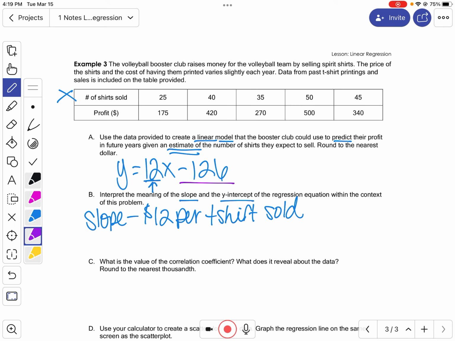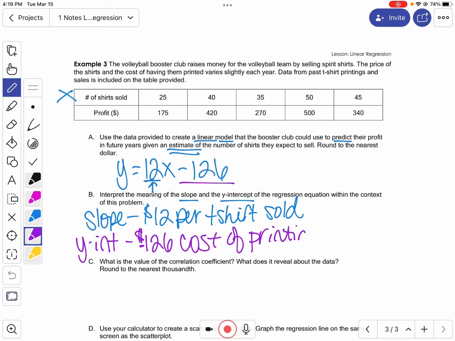Okay, and then the y-intercept was a negative 126, and you're taking it away from how much you've made from selling the shirts. So that y-intercept of negative 126 would have to represent the cost of printing the shirts, how much it cost you to make the shirts.